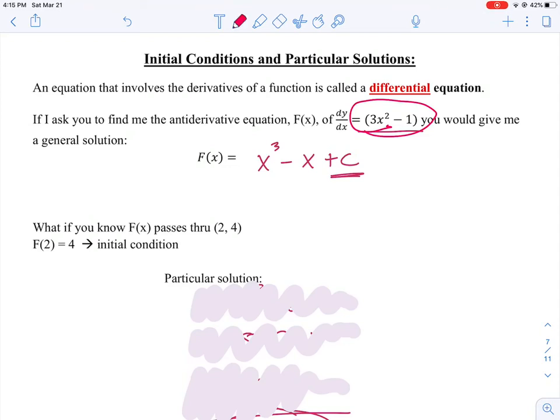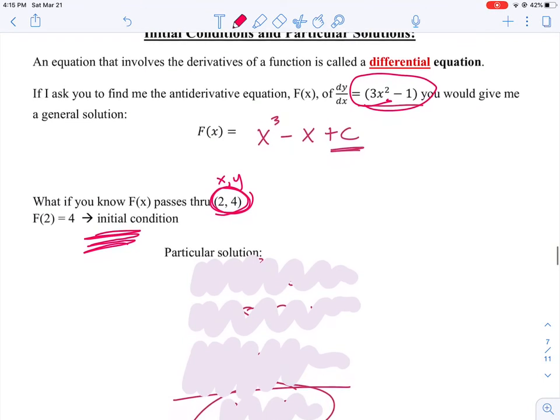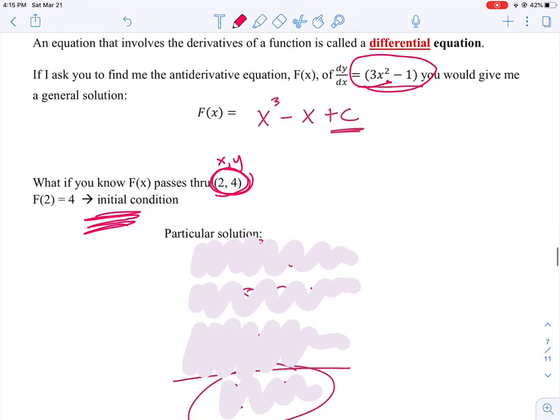But what if I told you that the original function, big F, went through the point 2, 4? We're going to call that my initial condition. What that means is that x is 2 and y is 4. Well, since I know that x is 2 at that particular moment and y is 4 at that particular moment, can I take that information and plug it into my function?